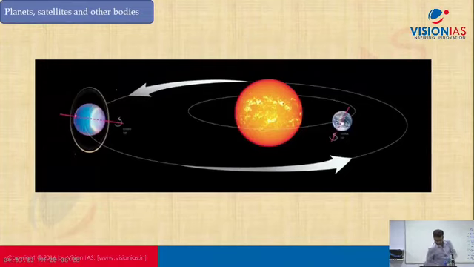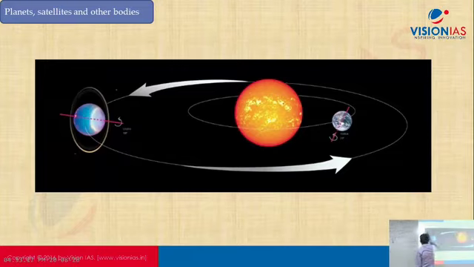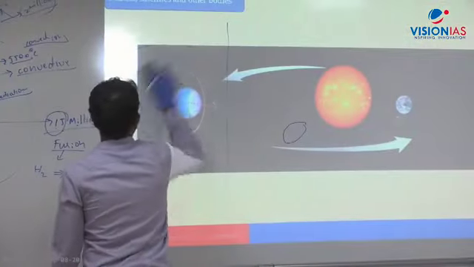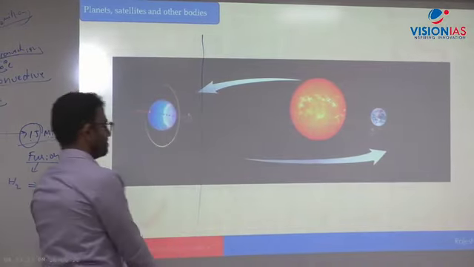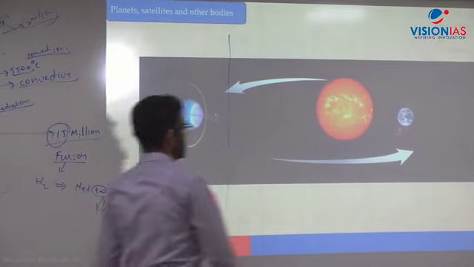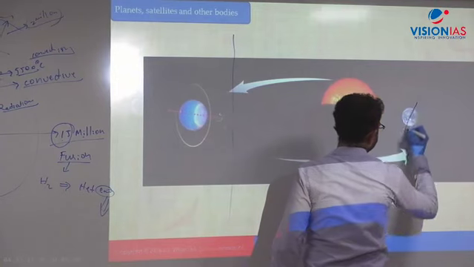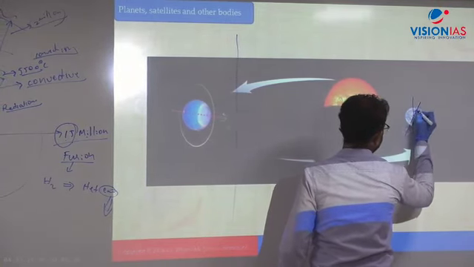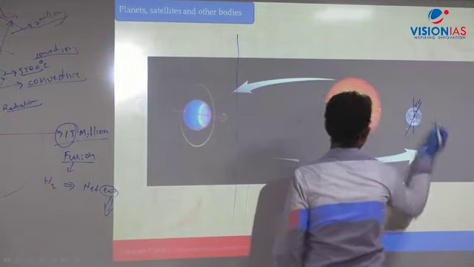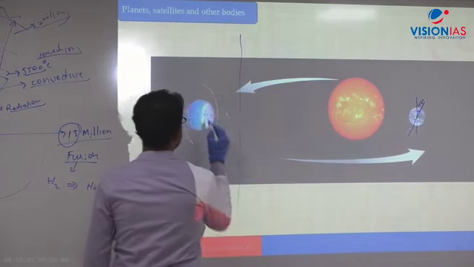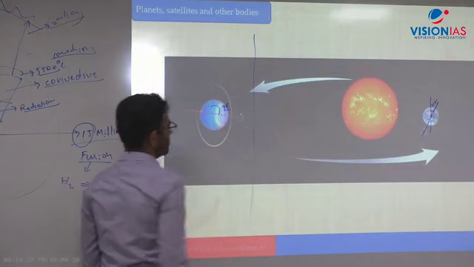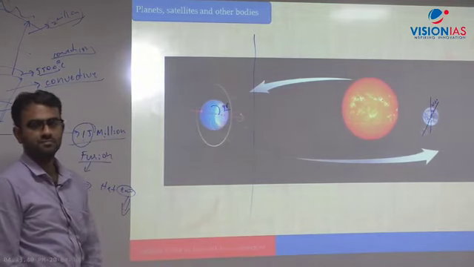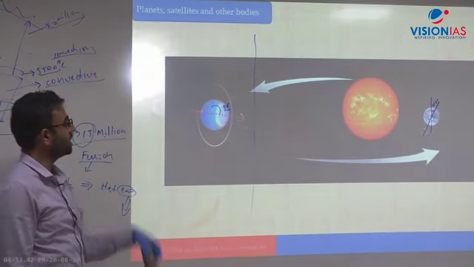The most interesting feature of Uranus is the tilt of its axis. मैंने बताया अभी था. Earth is tilted by how many degrees? From vertical it is tilted by 23.5 degrees. Uranus is tilted nearly 90 degrees.